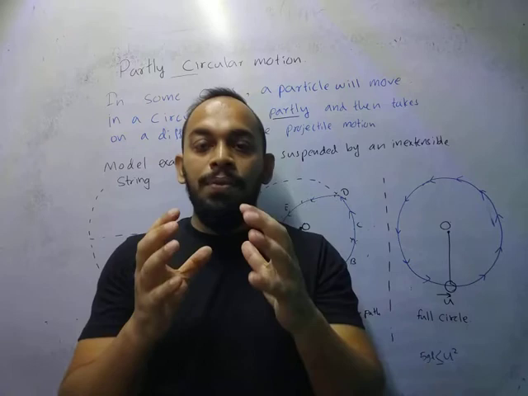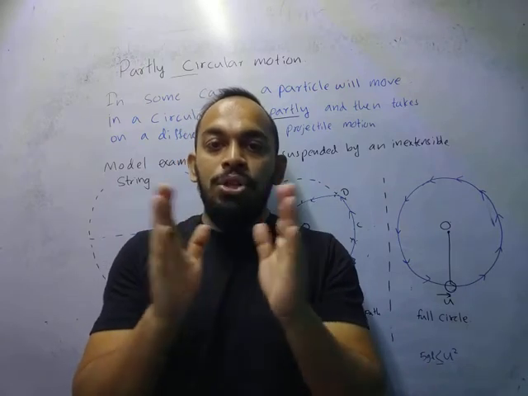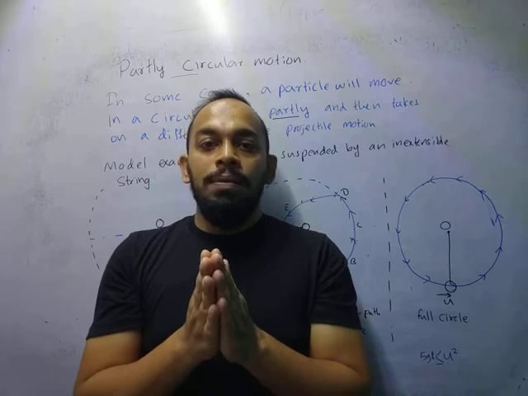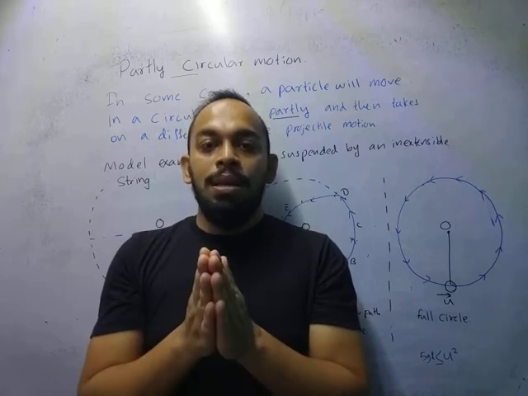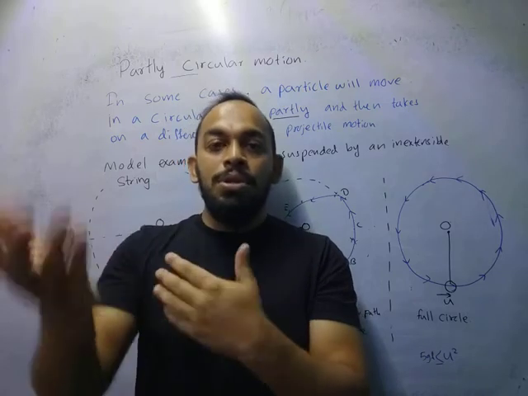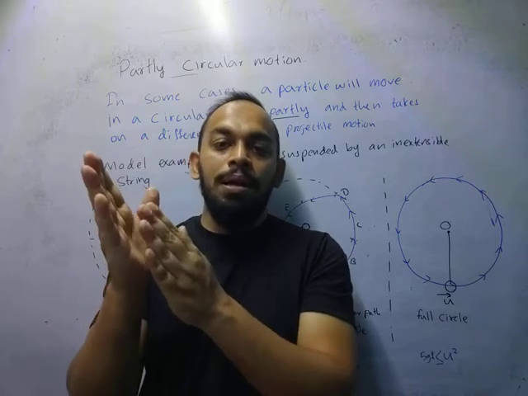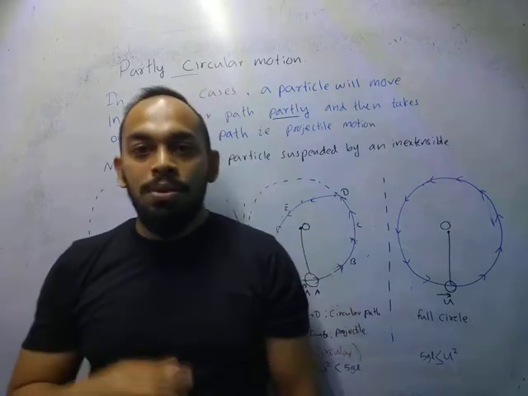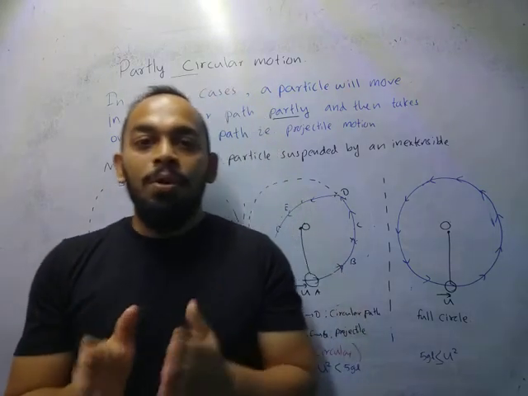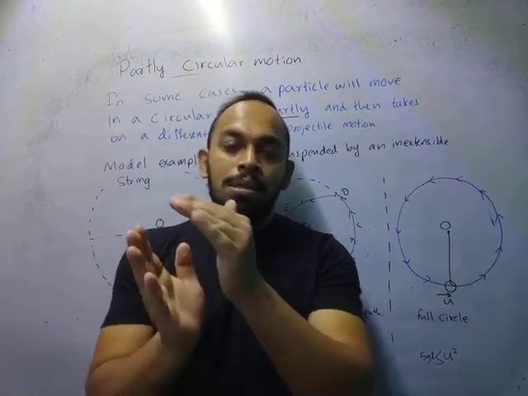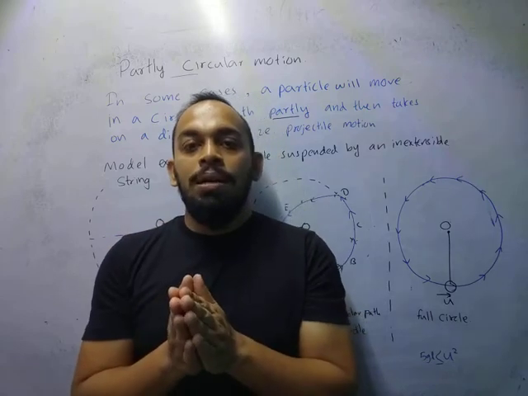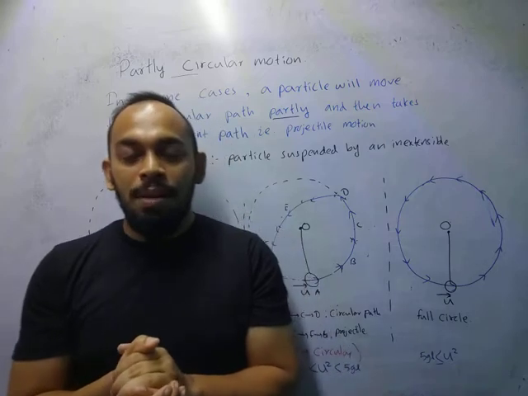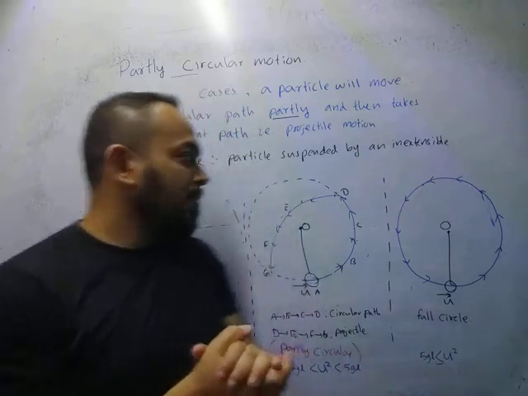Because we have to look for where the tension becomes zero, you may get questions like this, then what happens after the particle takes on the projectile motion, where it will land. Those things can be asked. But nowadays, since circular motion is just a part of a question, you don't really have to expect these types of questions, right?